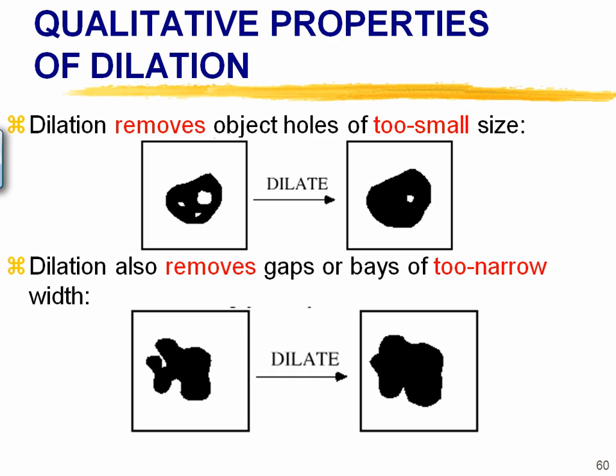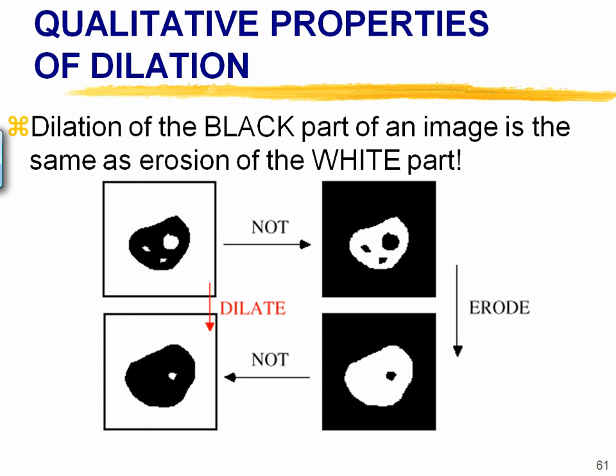So you would get objects that look like that. Dilation can be thought of as a complementary operation to erosion. I can take an object and dilate it, I would get that. I can take the complement of it, erode it, and I would get that, and take the complement of it. I'll come back to this.